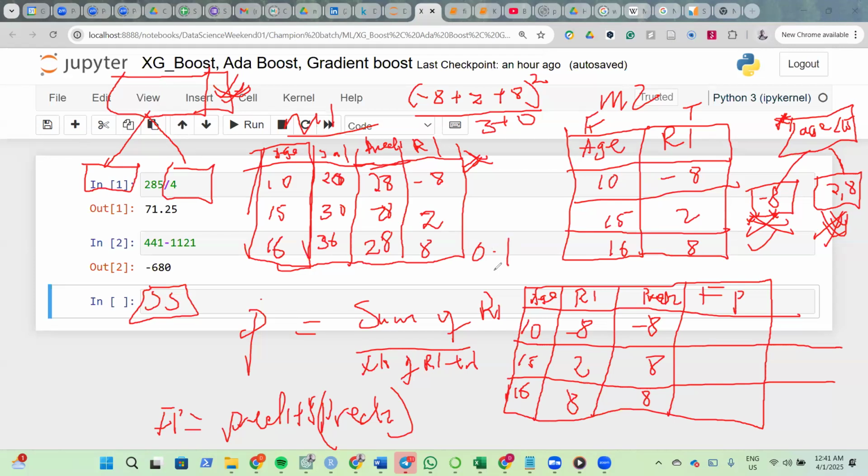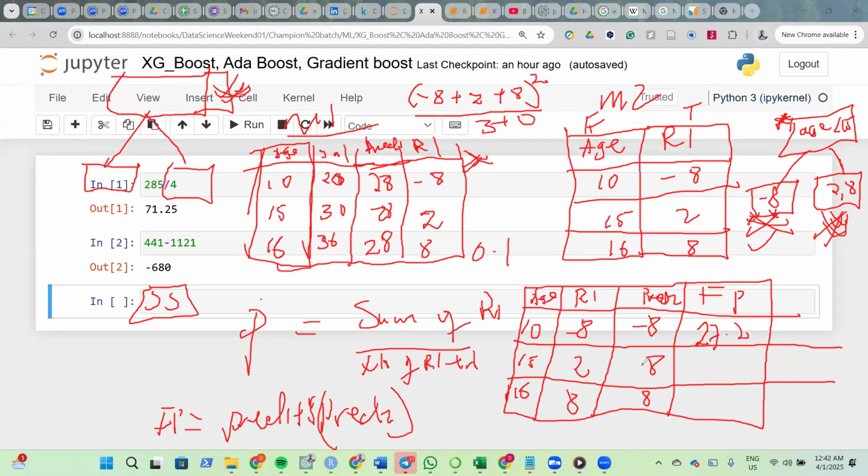So 0.1 multiplied by 8 is like 8 divided by 10, 0.8, right? Now that's negative 0.8 plus 28. That should give you 27.2, right?